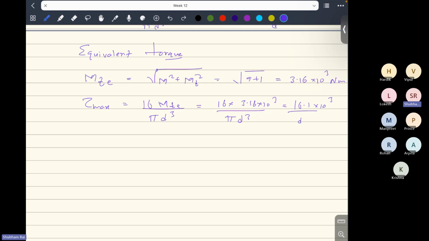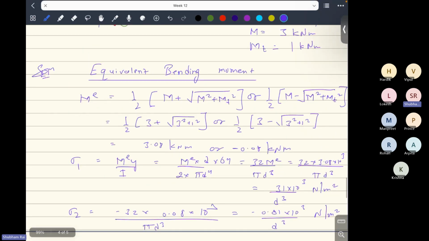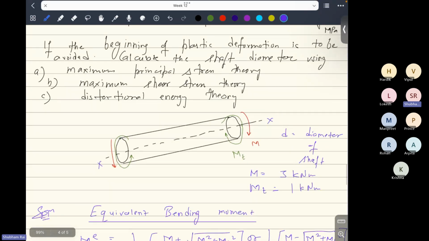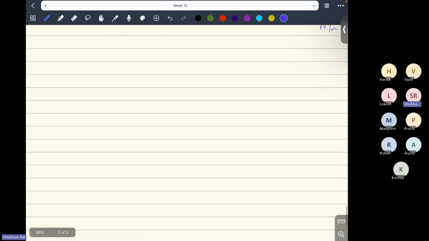So we are finding the maximum shear stress and the principal stresses in terms of the diameter of the shaft. Now we can apply the theories that we have been asked to. First theory is maximum principal stress theory, then maximum shear stress theory, then maximum distortion energy theory. So first let's apply the maximum principal stress theory.